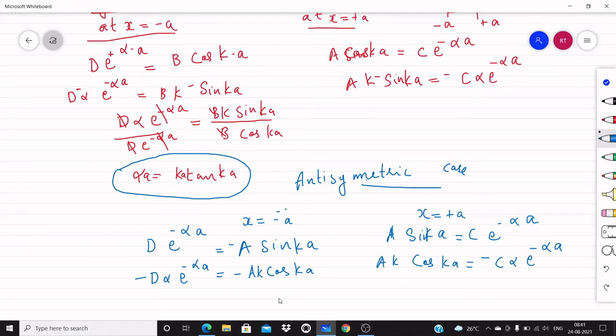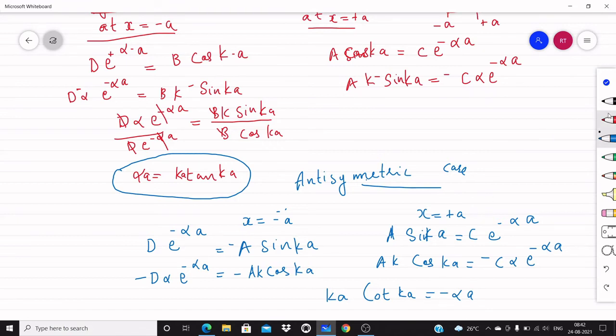Okay, so again dividing the second equation with the first one, either of the boundary values at x equal to plus a or x equal to minus a, what you're going to get is ka cot ka is equal to minus alpha a.